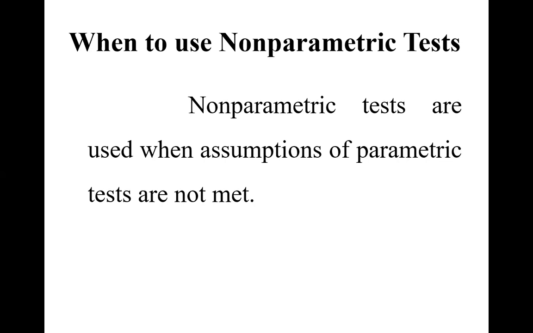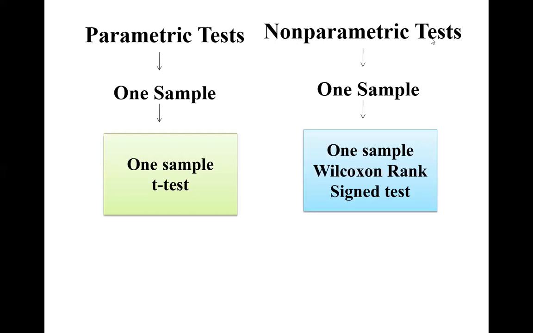If my data is still not correct and the assumptions are not fulfilled, then we should use the non-parametric test, which is equivalent to the parametric test. There is no harm in using the non-parametric test, because sometimes we do not fulfill the assumptions of the parametric test. That is why we use the non-parametric test.